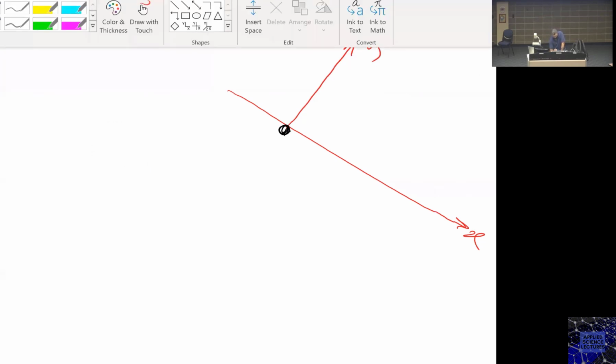So the first thing we need to do is draw the free body diagram, put the coordinates, so we have here the gravitational force.